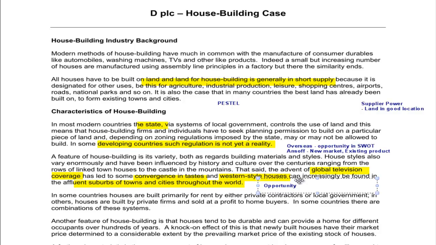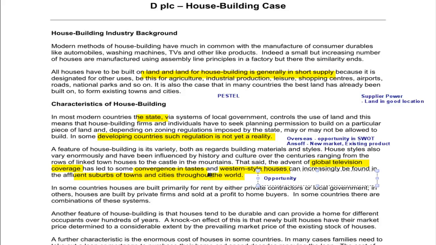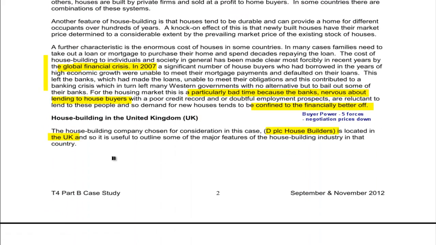So what are the markets that are growing? What are the big opportune markets for a housing company? Let's just go where we've got a little bit of space down the bottom here, and let's have a look at some of the growth statistics.